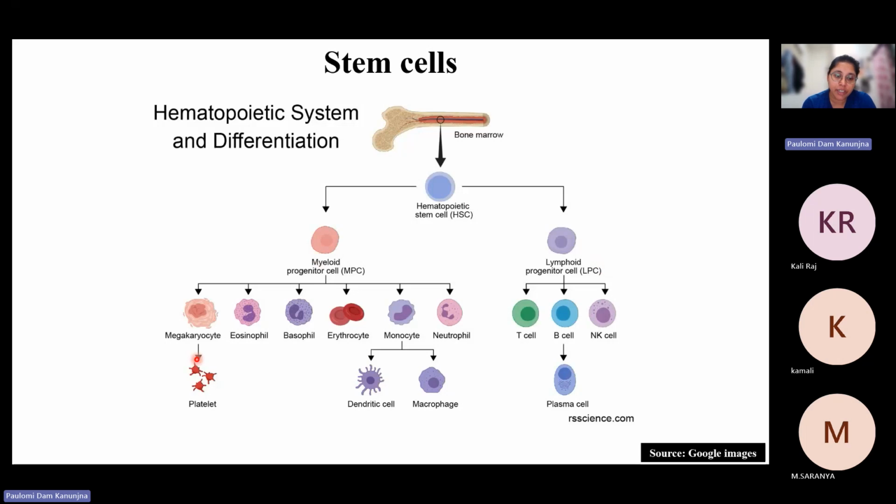Then you have myeloid giving rise to six different types here: megakaryocyte, eosinophil, basophil, erythrocyte, monocyte, neutrophil, and these can again give rise to dendritic cell, macrophage and the platelet. And then on the other side, the ones which are associated with lymph, you have T, B, and natural killer cells. B cells can also give rise to memory cells called plasma cells.